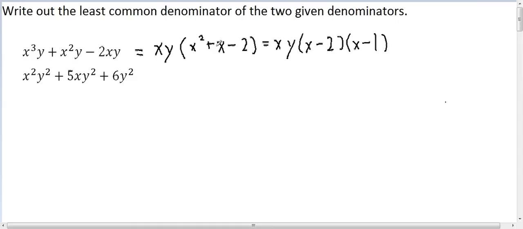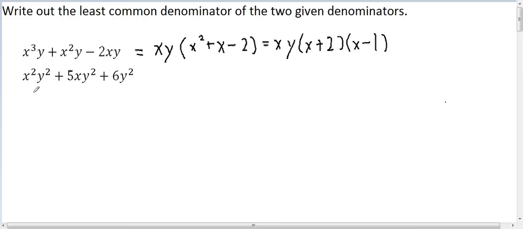And the coefficient for the linear term x is plus 1, which tells me that we need to take the bigger number and make it positive. So the polynomial x cubed y plus x squared y minus 2xy, when factored, will give us xy, x plus 2, x minus 1.